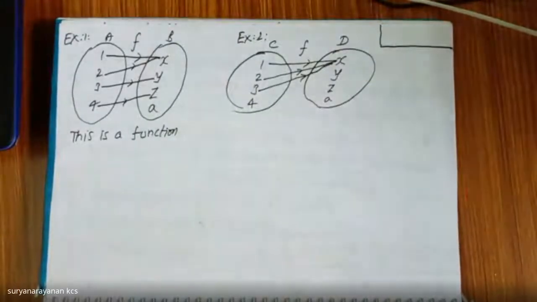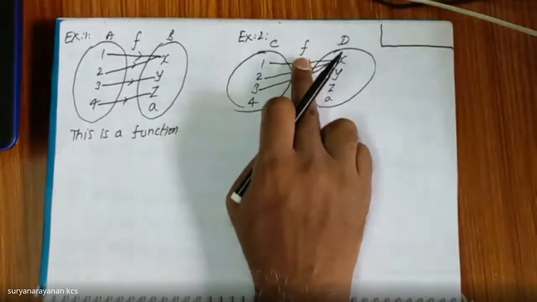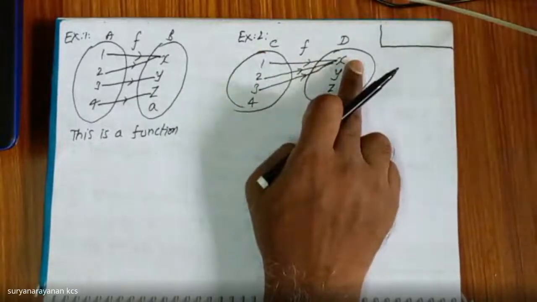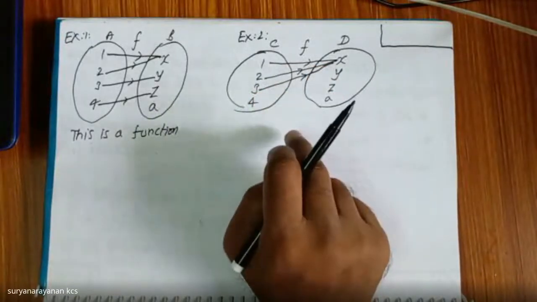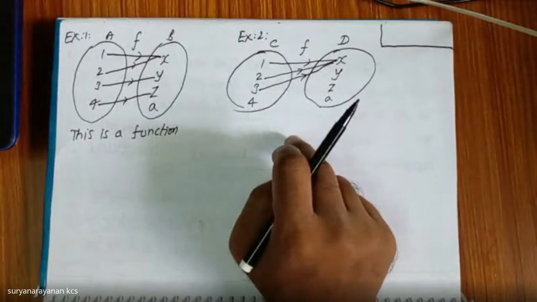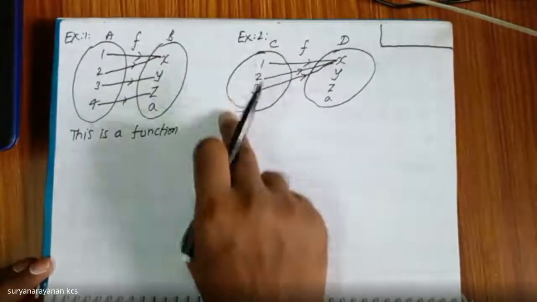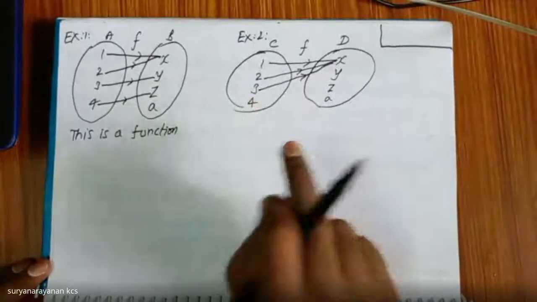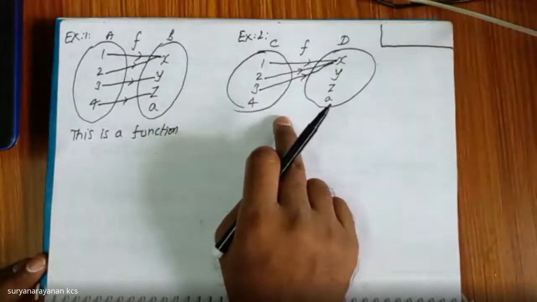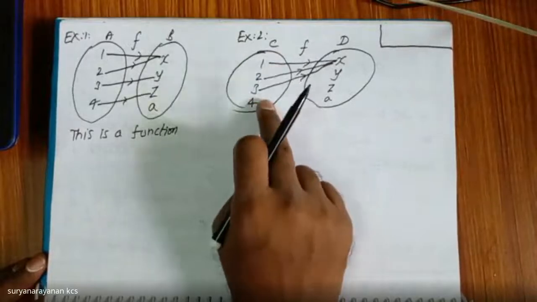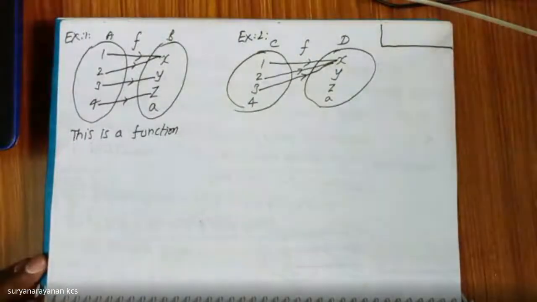Now observe this arrow diagram, my dear children. Observe this example 2. Here F is a relation defined from C to D. Then is it a function or not? What I said, the first condition is every element in the first set should be connected with elements in the second set.